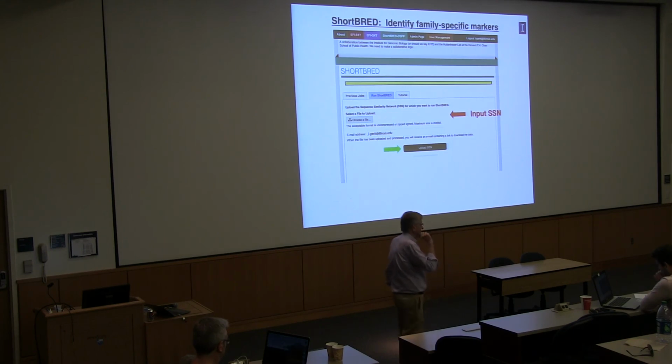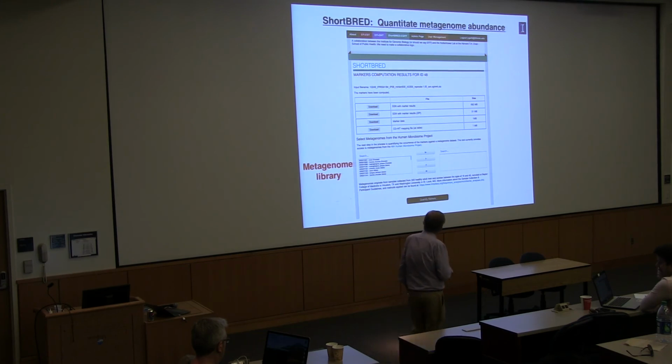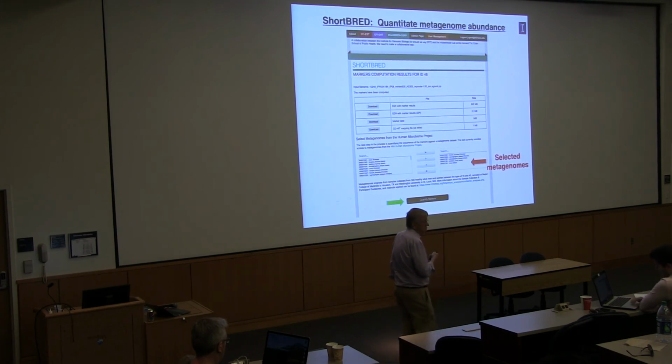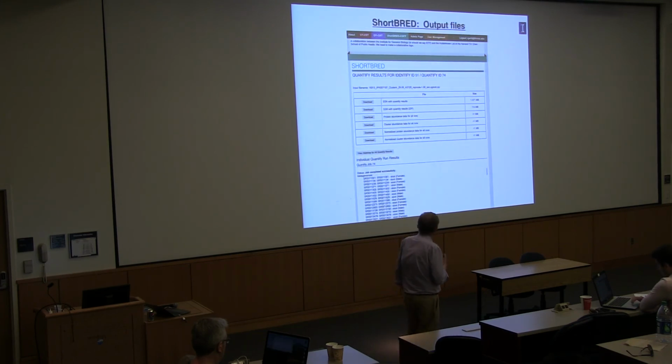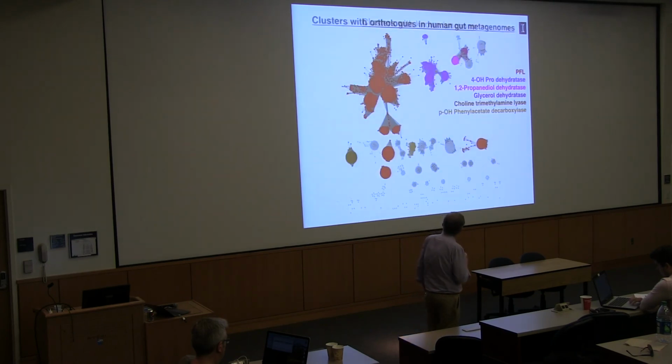So the first step, you input the SSN, you identify markers, and then we have a library of human microbiome project genomes that we can use as input. We can select the ones that we want to search through, and then we have an output. And that's how I constructed this.